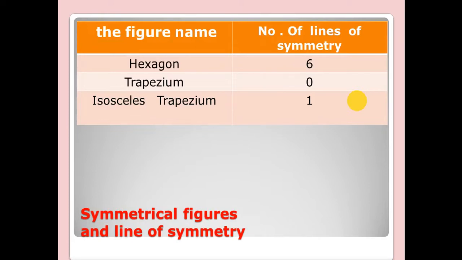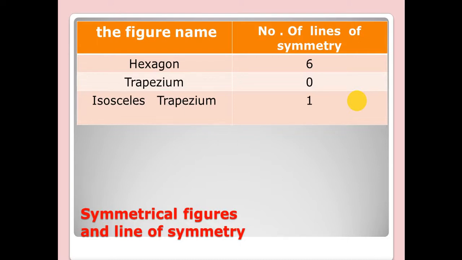Hexagon, we talked before: 6 angles, 6 sides, which gives me 6 lines of symmetry. And trapezium, 0. We can't divide it into 2 congruent parts.